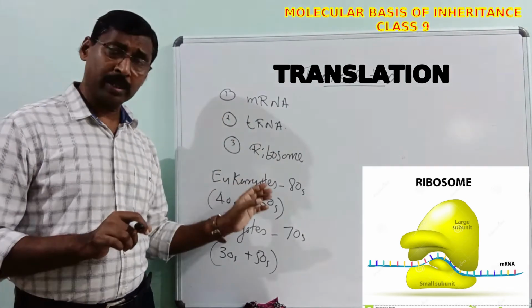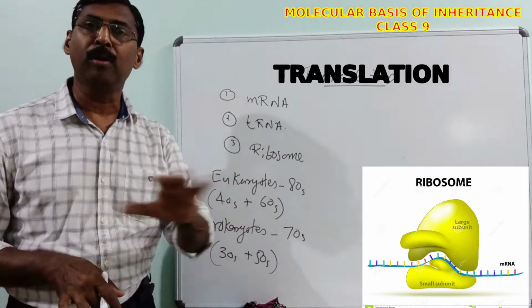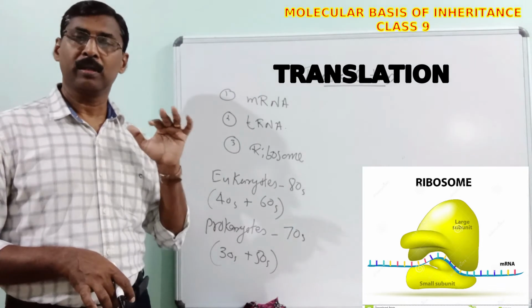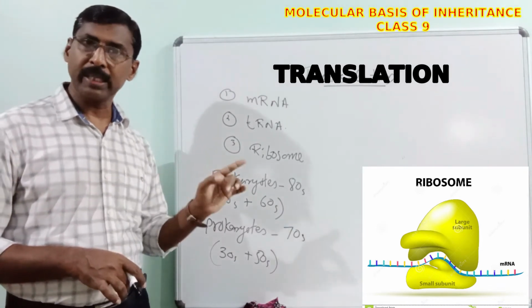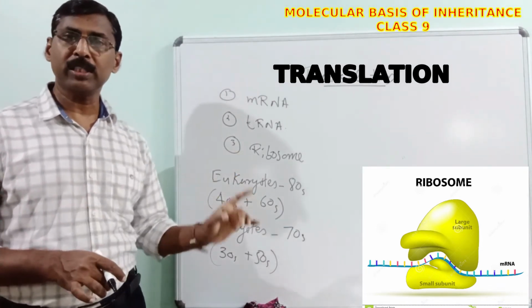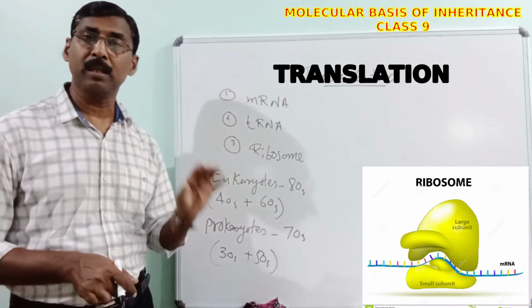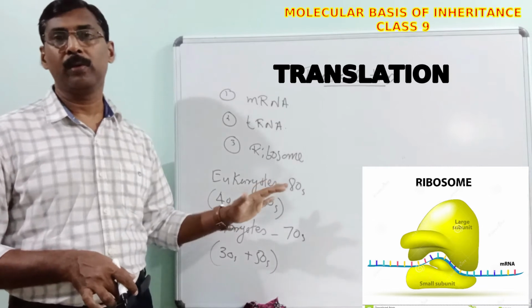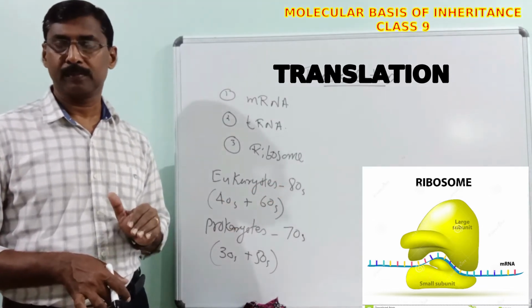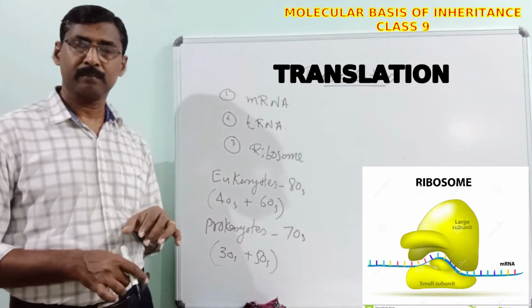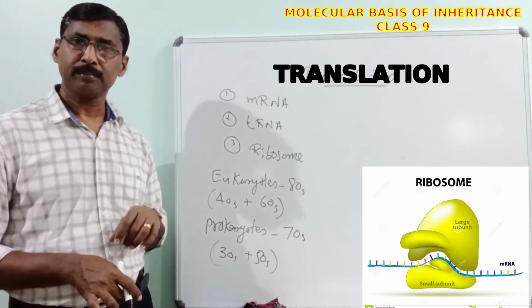So ribosomes provide a platform or a site for the translation process. Second thing, it provides certain enzymes and factors for translation.